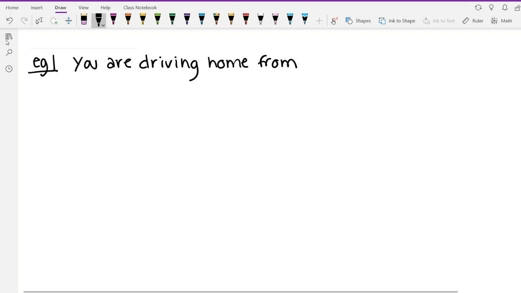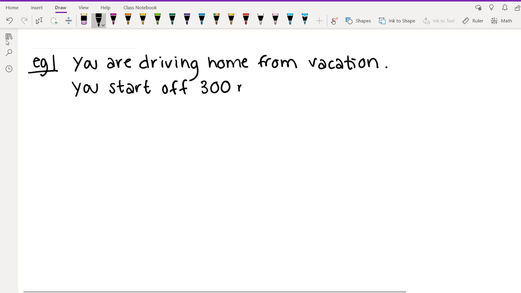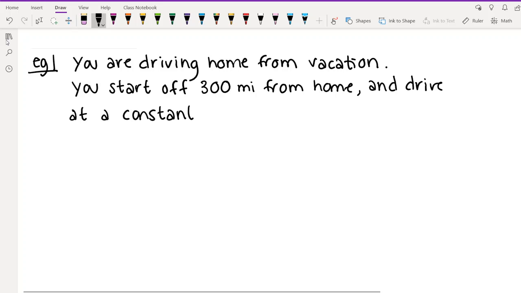So let's say you're driving home from some kind of vacation. And let's say that you start off 300 miles from home. And then you drive at a constant rate of 60 miles per hour.